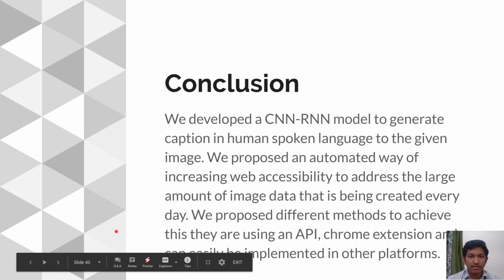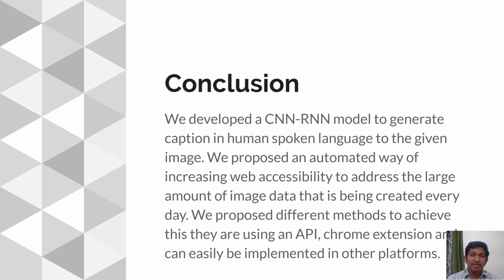Conclusion. We developed a CNN-RNN model to generate captions in human spoken language for a given image. This is one of the works we tried, and the reason behind it is already mentioned: we want to automate the task of image captioning.